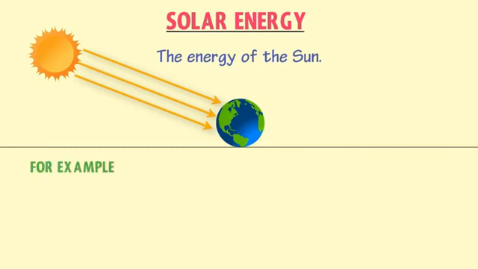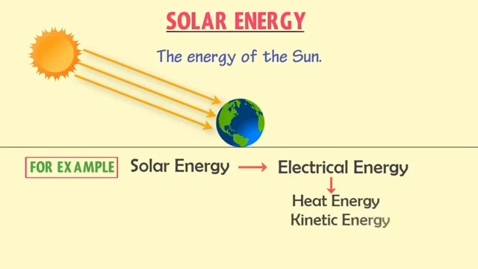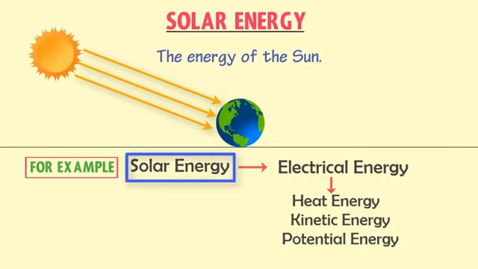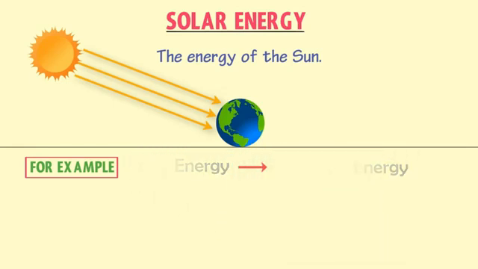For example, we can convert solar energy into electrical energy, and then we can convert electrical energy into heat energy, kinetic energy, potential energy, etc. Hence, solar energy is the chief source of energy, which can be easily converted into other useful forms of energy.